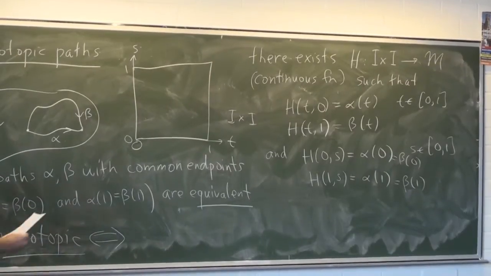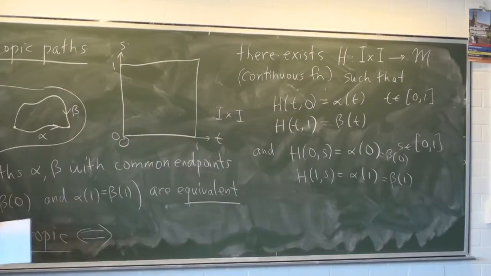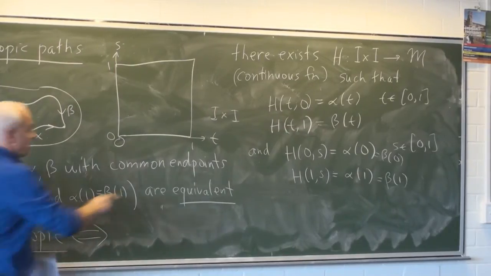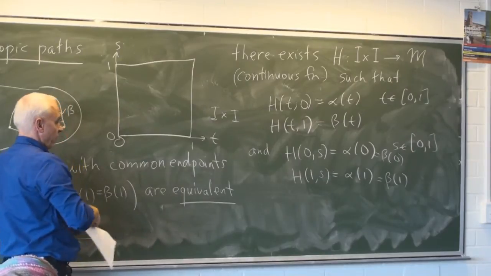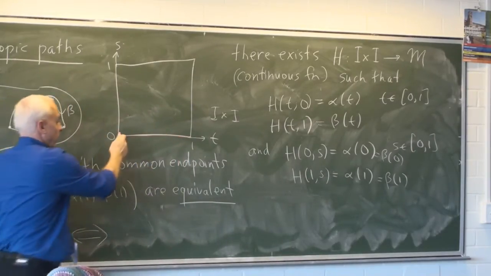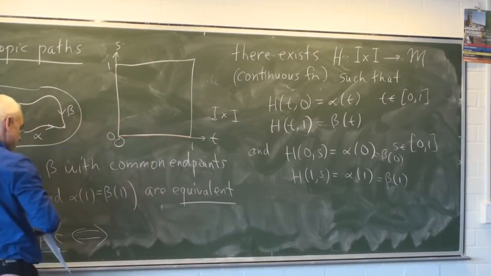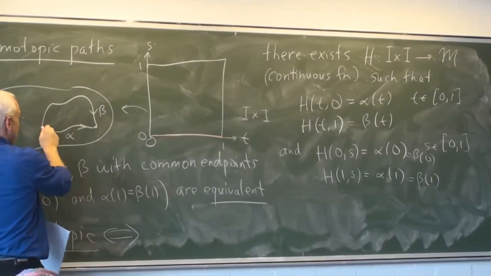We require the following. What's the meaning of these conditions? If we set the second coordinate equal to 0, so we're traversing along this path, from t equals 0 to 1, then the image of this map is exactly the curve alpha.